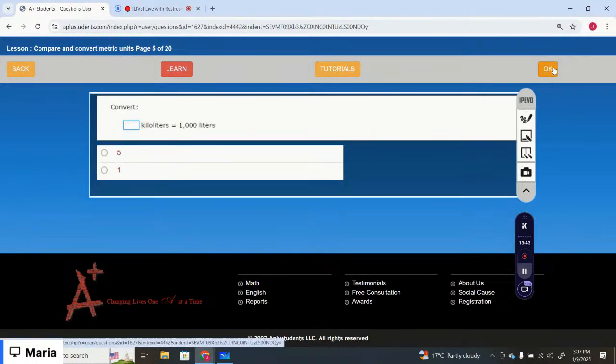Very good. 1000 liters equal how many kiloliters? 1000 liters equal 1 kiloliter. The correct option is option number 2.